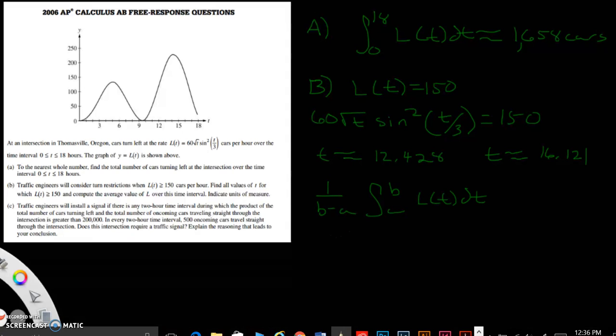In this case we're going to use 1 over 16.121 minus 12.428, and you would integrate from 12.428 to 16.121 L of t dt, and when you integrate this, you're going to get approximately 199.426.